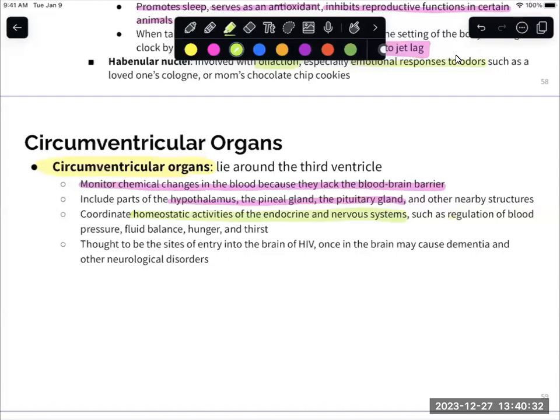We monitor blood pressure, fluid balance, hunger, and thirst. The problem is, because there is no blood-brain barrier, this is one of the main sites of entry for HIV to get into the brain. Once in the brain, it can cause dementia and other neurological disorders.